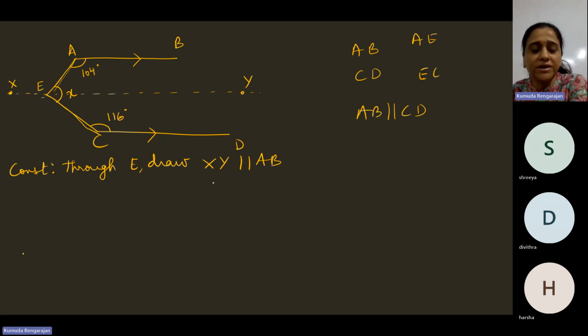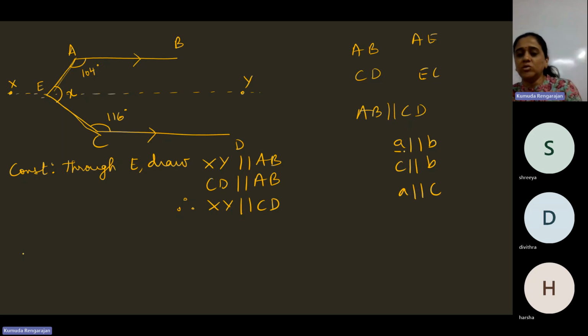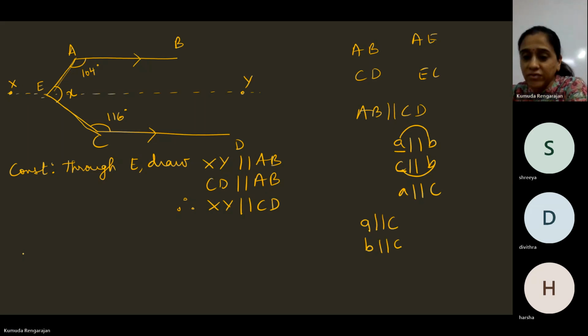We already have CD parallel to AB. Therefore, XY is also parallel to CD. If A is parallel to B and C is parallel to B, then A is parallel to C. If two lines A and B are parallel to the same line C, then these two lines are parallel to one another.